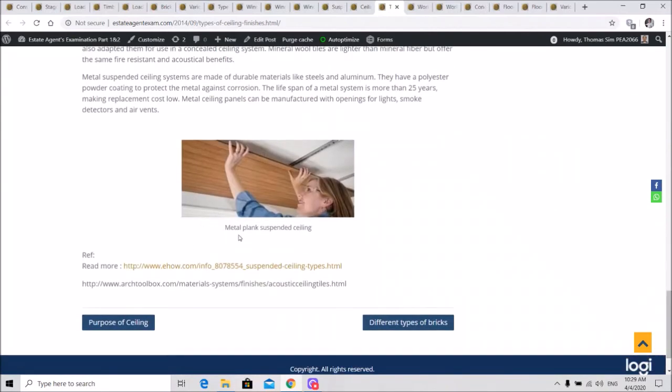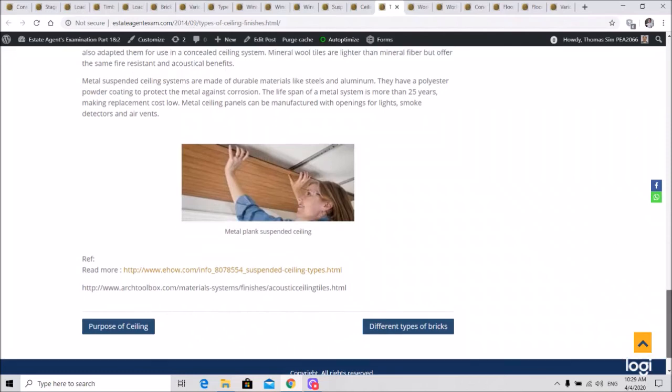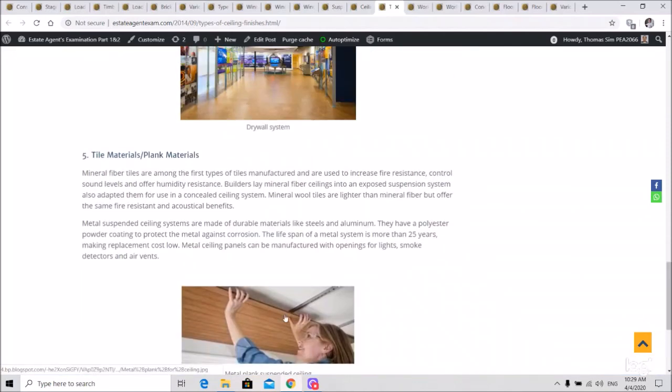So this is called the metal plank suspended ceiling using metal. This one actually can be seen a lot in Kuching International Airport. So if you are at the arriving hall of the Kuching International Airport, you come out to the loading and unloading bay outside. That means if you look up at the ceiling of the building, you see all these metal pieces, metal plank ceiling.